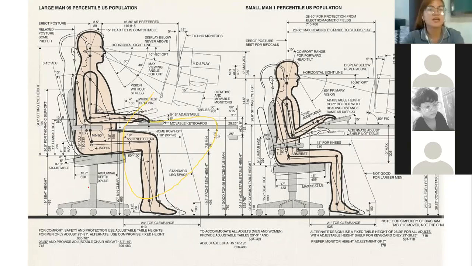So basically, you give an allowance in your design for your shoe cabinet or your design for your stairs, right? So that is anthropometrics. It's more on a study of human measurement.